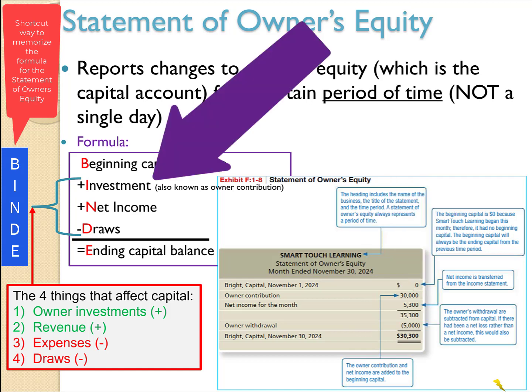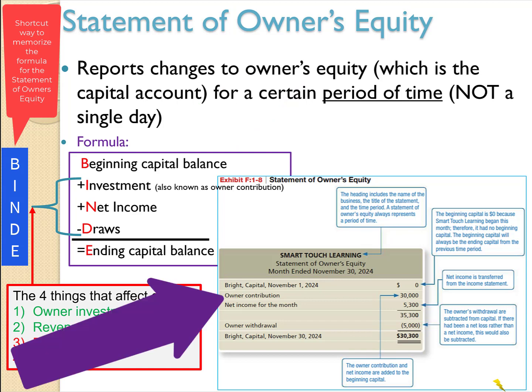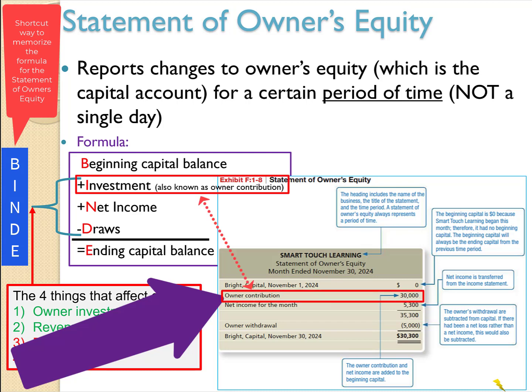So let's get back to my formula. BIND with an E. The I stands for investments. We add investments. What are the investments also called? Owner contributions. So on this statement of owner's equity, we are adding the owner's contribution, also called the owner investment. So apparently, the owner invested $30,000 into his or her business.